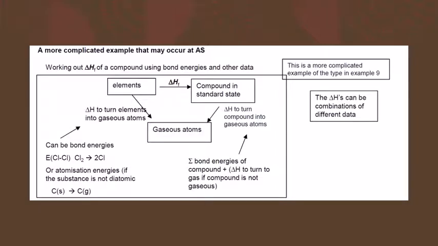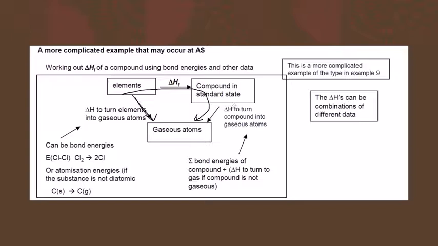So we can work out the enthalpy change of formation. How can we work it out? The same idea: elements form a compound, or elements might turn into gaseous atoms, or the compound might turn into gaseous atoms. The route where elements form a compound and the compound forms atoms is the same as the elements directly forming those atoms.